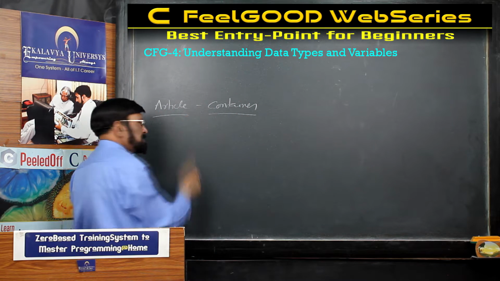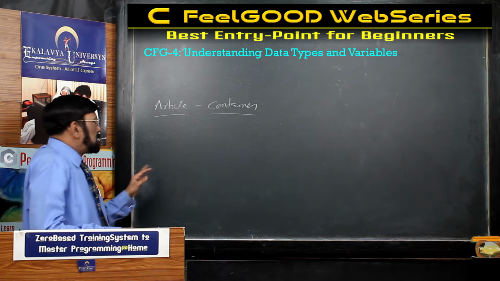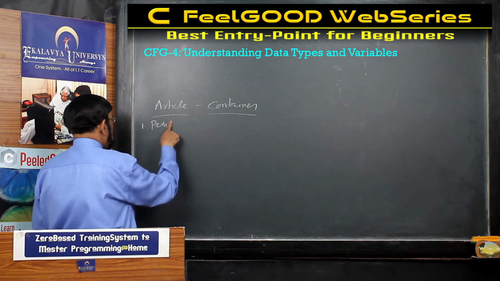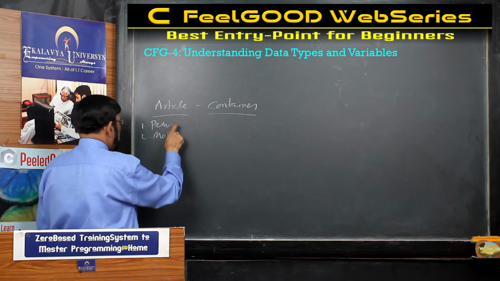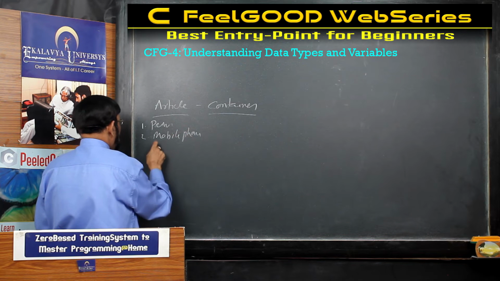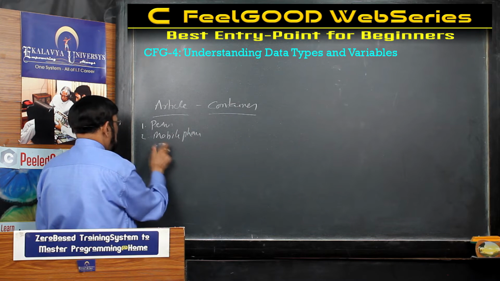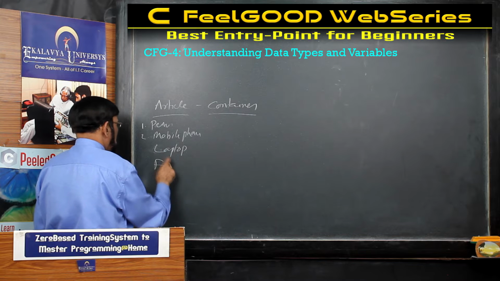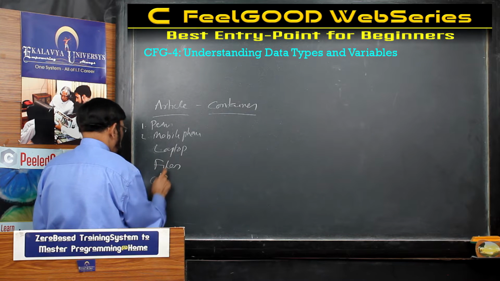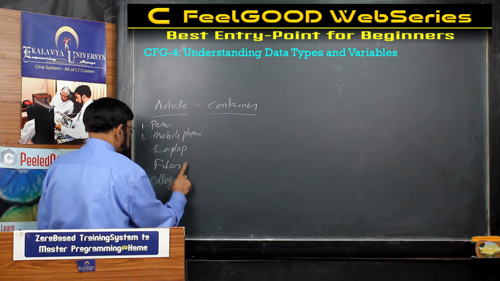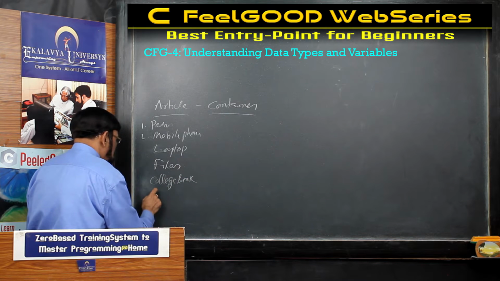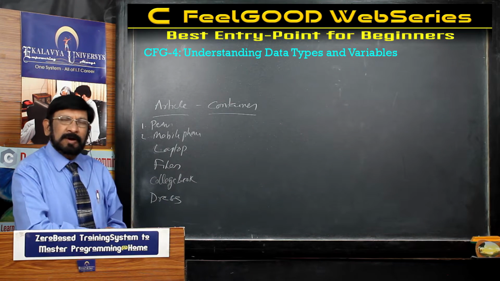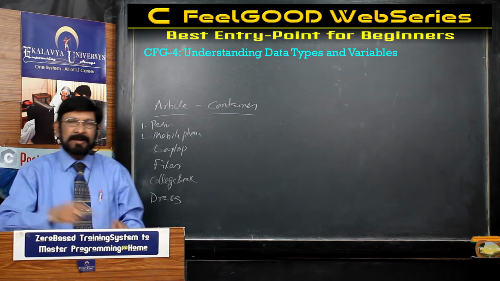Actually, in real life, we use several types of articles, for example, pen, mobile phone, computer, laptop, files, college books, dress, etc. Different types of articles we use in our day-to-day life in different contexts.